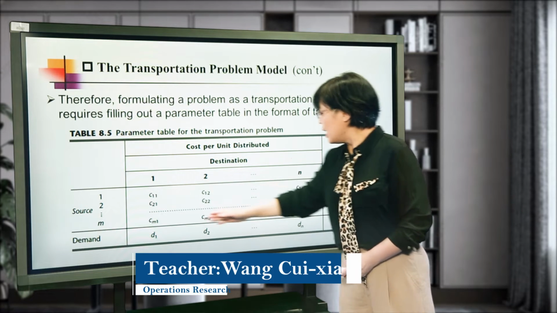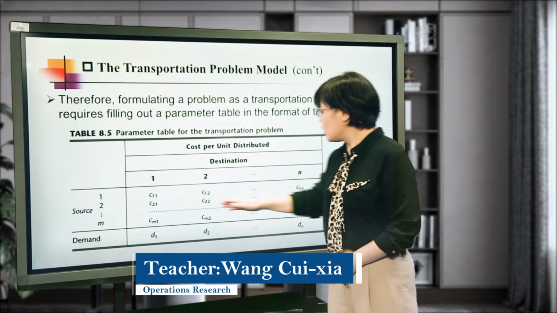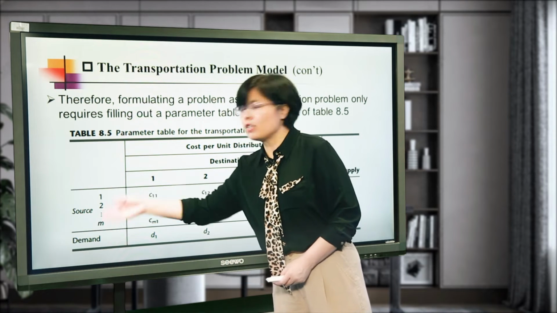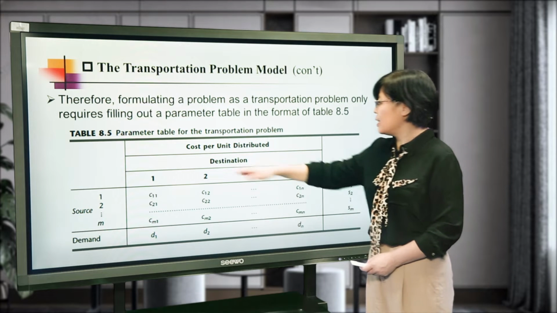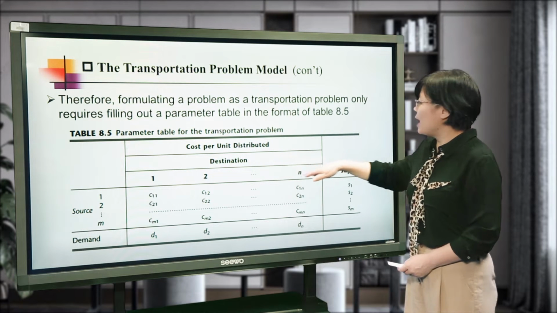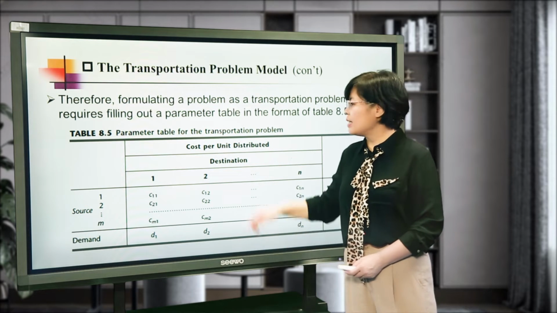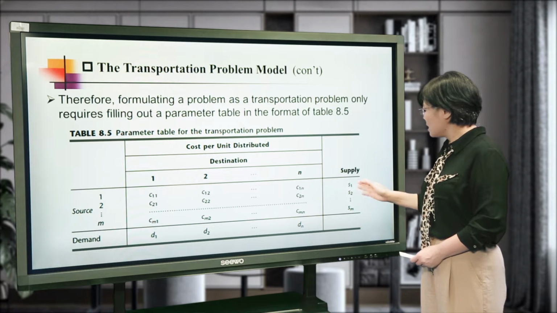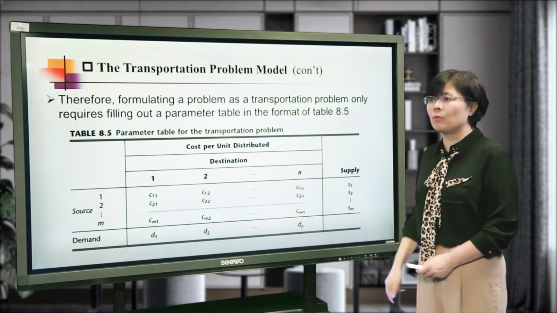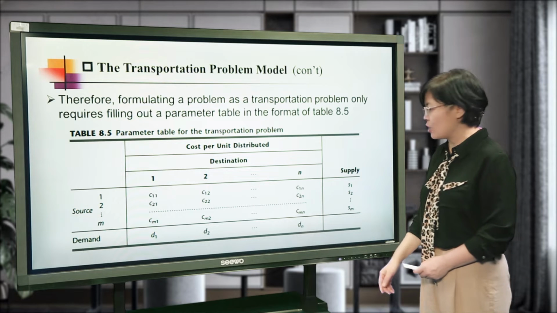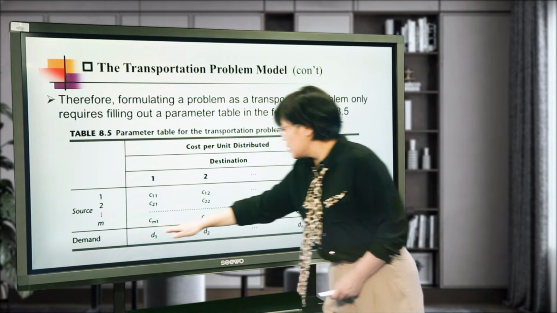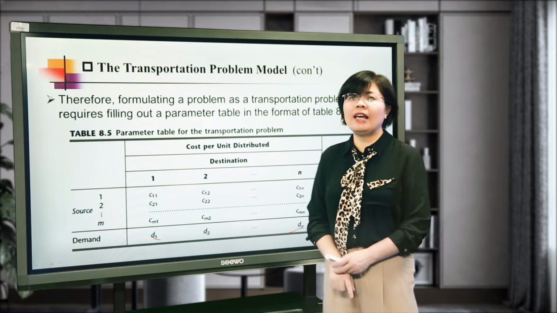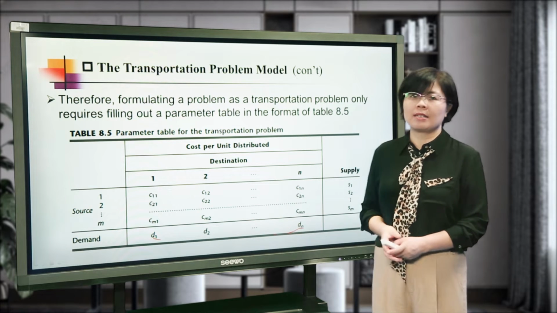In the middle are the per unit costs Cij, and on the left are the sources. On the top are the destinations, and on the right are the supply or the output of the factory, and at the bottom, D1 to Dn, are the demands.